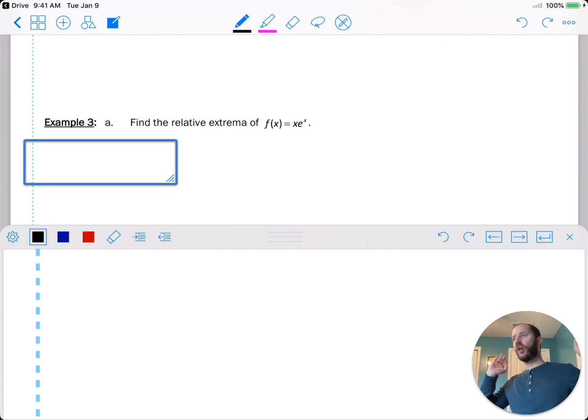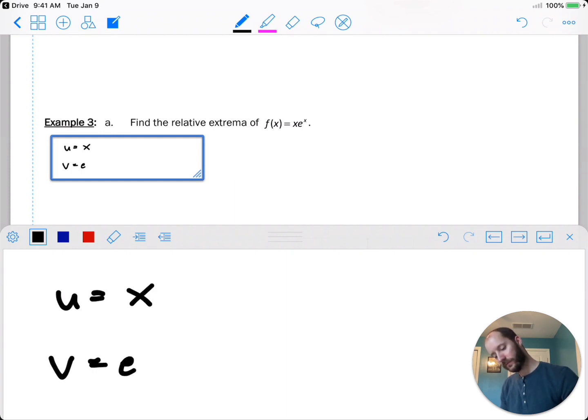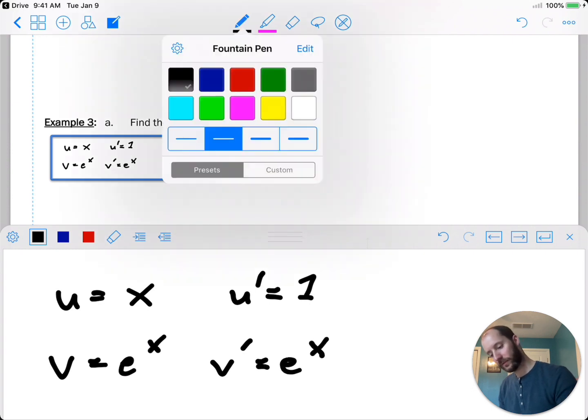So all that same stuff, just using e to the x in the problem. So using that differentiation rule. So f of x is a product rule. Go ahead, split it up. Get our puzzle pieces. And then put our puzzle pieces together.